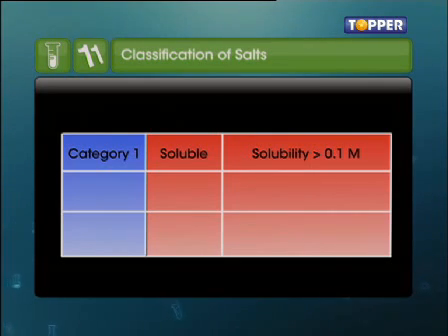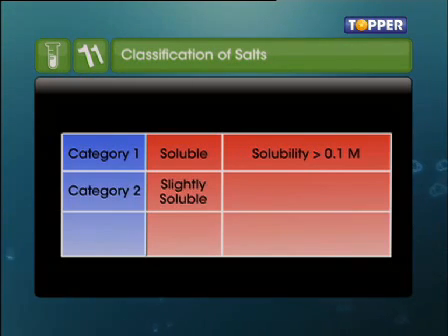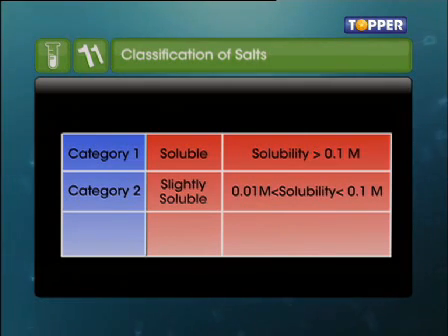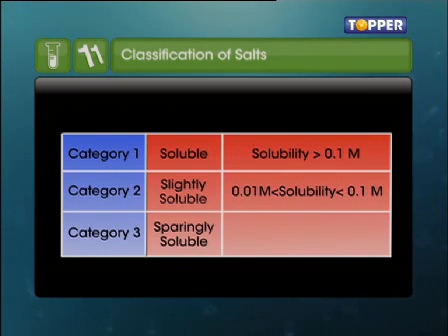An example of such substances is sodium chloride dissolved in water. Solutes are considered to be slightly soluble if their solubility is between 0.01 and 0.1 molar, and sparingly soluble if the solubility is less than 0.01 molar, as in the case of silver chloride.